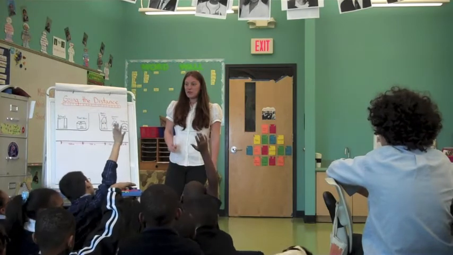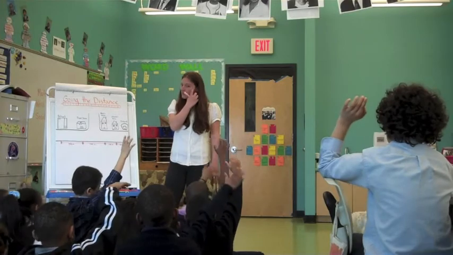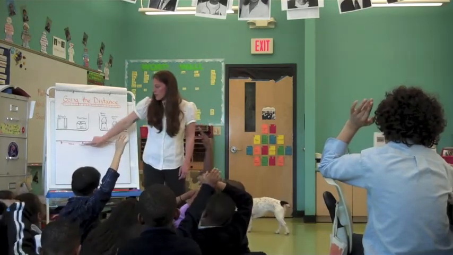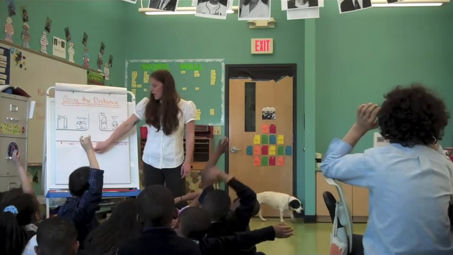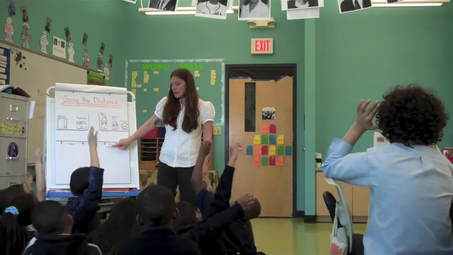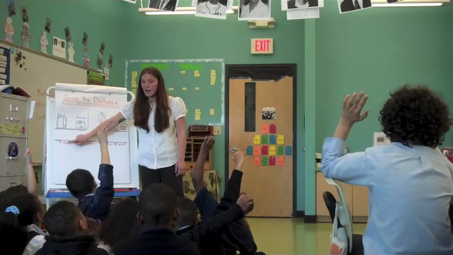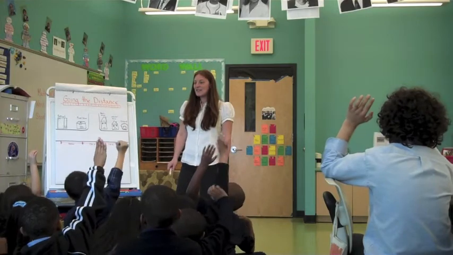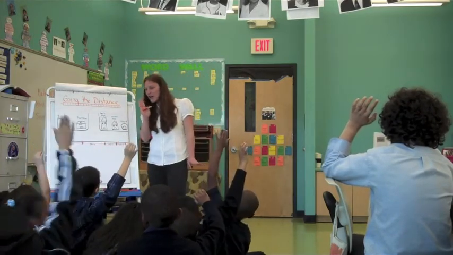Think about it. I know how far it is from school to the food store. I know how far it is from the food store to Alex's house. How do I find out how far this whole thing is? Just think about it.